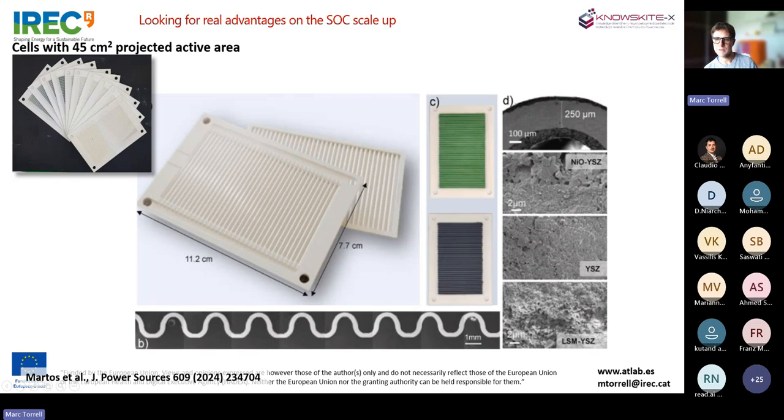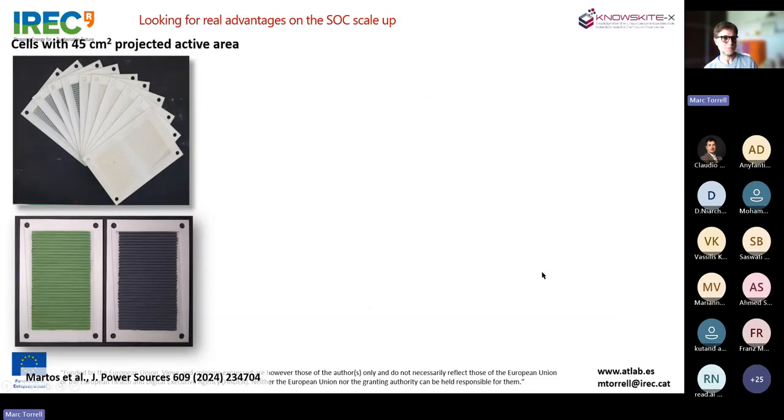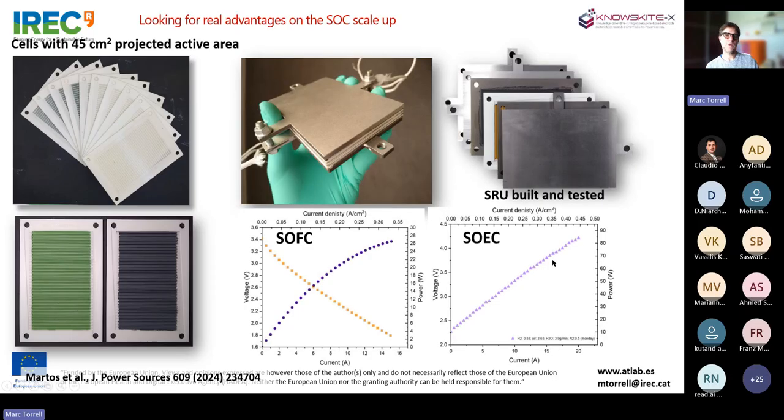This is the microstructure of the conventional YSZ electrolyte and the interfaces between the electrodes. With it, we start with single cells. Here you have the results of already a substack test.